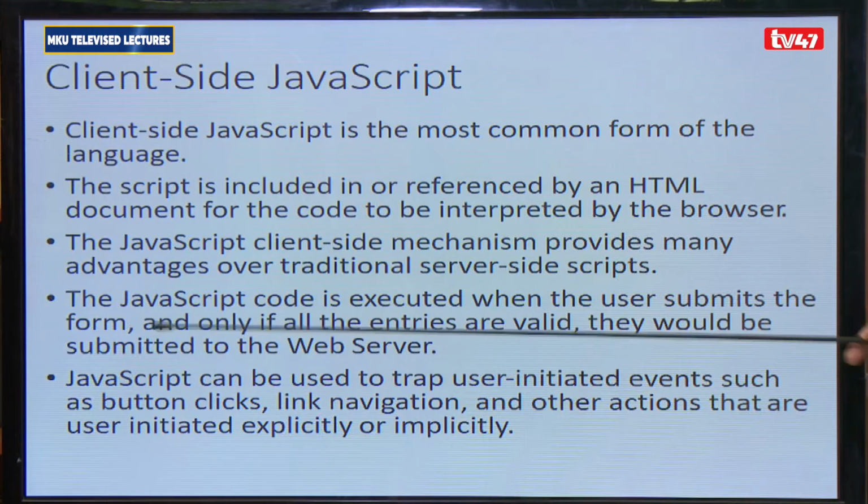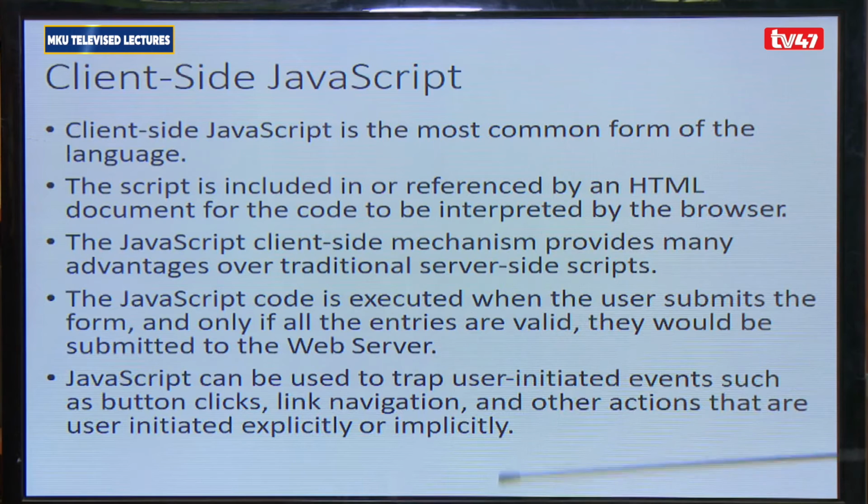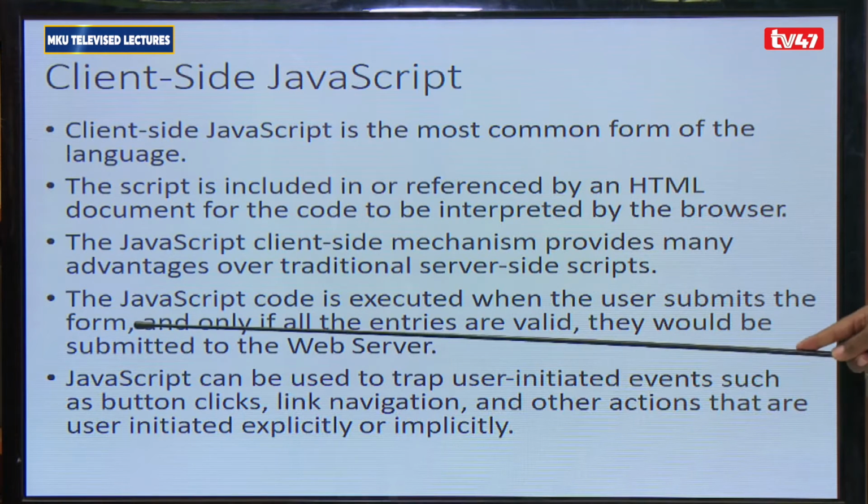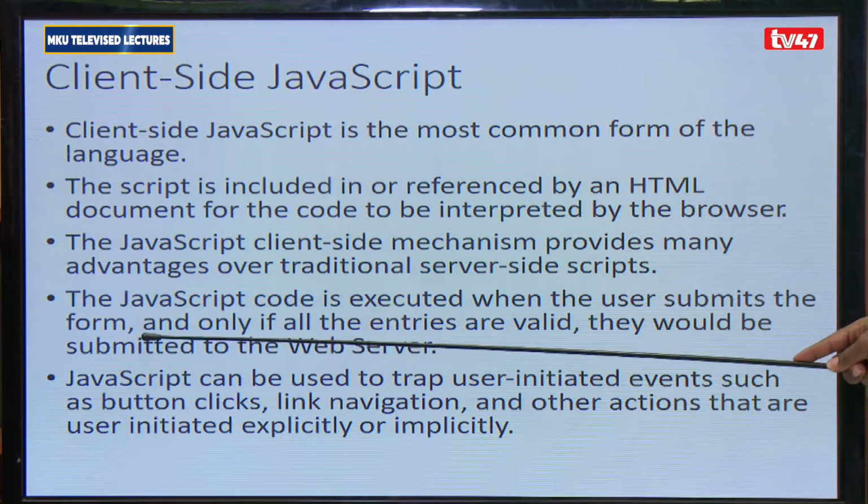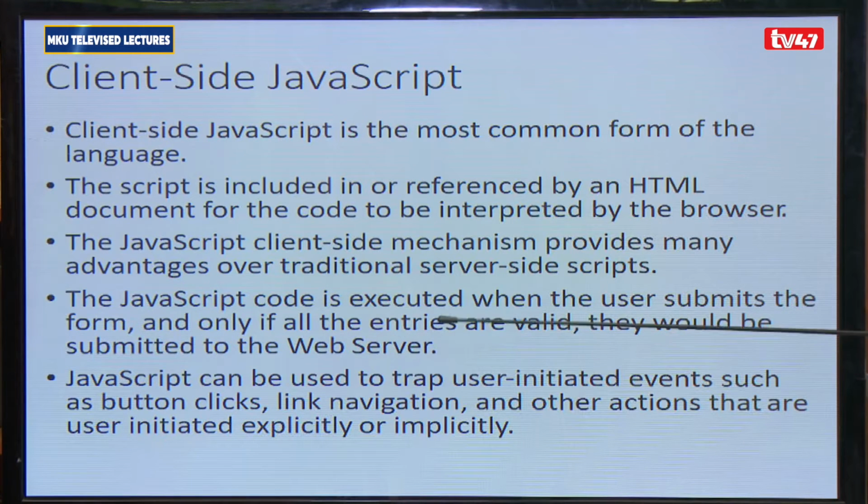Then the JavaScript code is executed when the user submits the form. The form here is what the user is creating, and only if all the entries are valid, that is correctly implemented, they would be submitted to the web server.